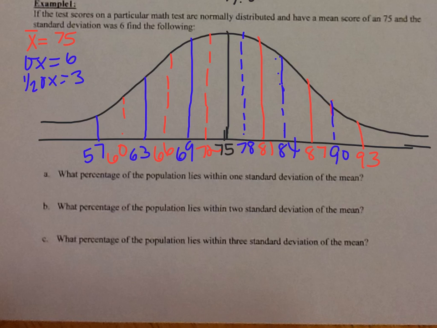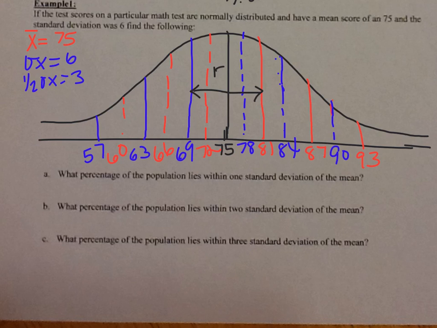Okay, number 1 says, what percentage of the population lies within 1 standard deviation of the mean? So 1 standard deviation would be from 69 to 81. Right, so I went from 69 to 81.